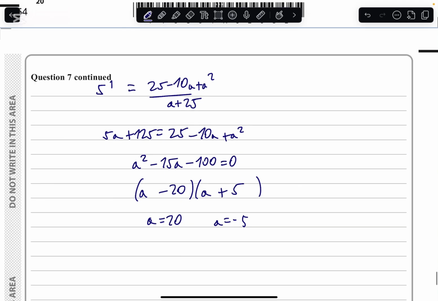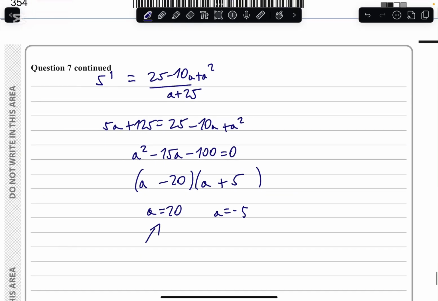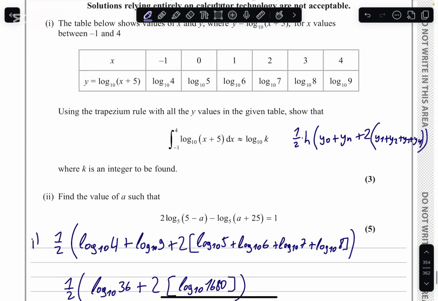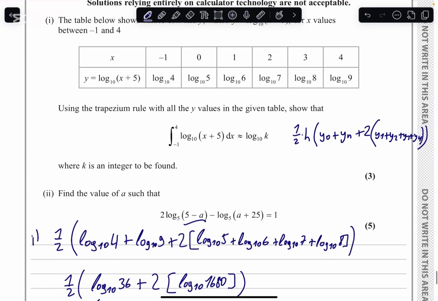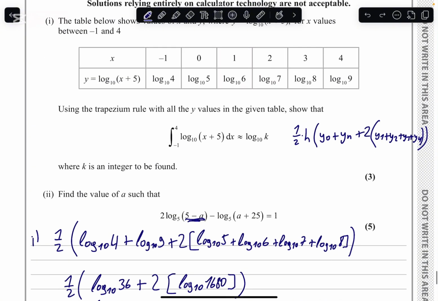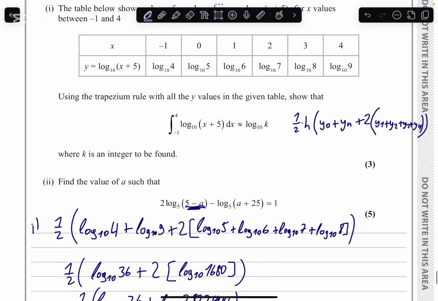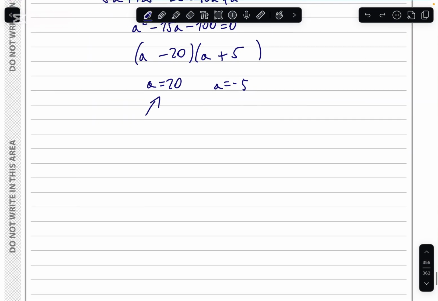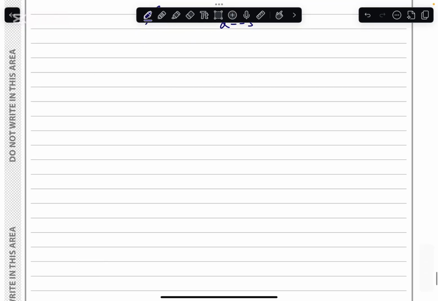In this case, a equals 20 will be rejected, because if we put 20 into this bracket here, we would get a negative value for this here, and we cannot have a negative or 0 in one of the brackets here. So the final answer is a is equal to minus 5.